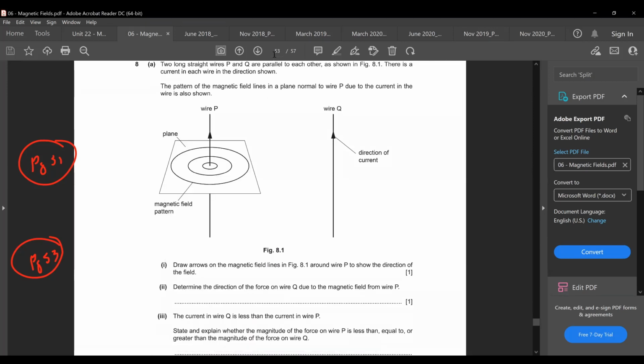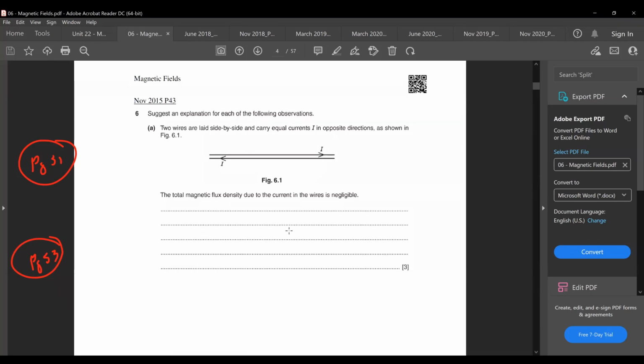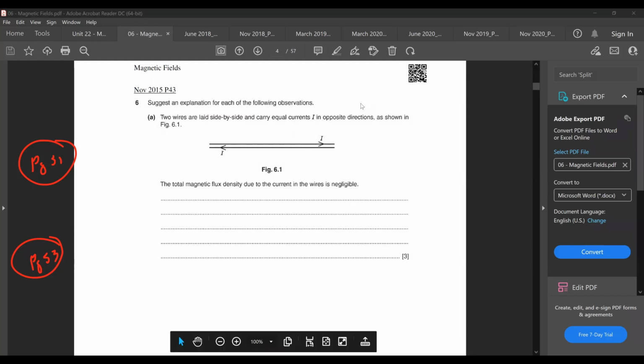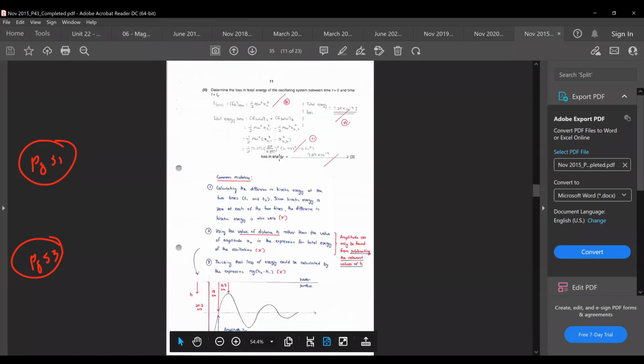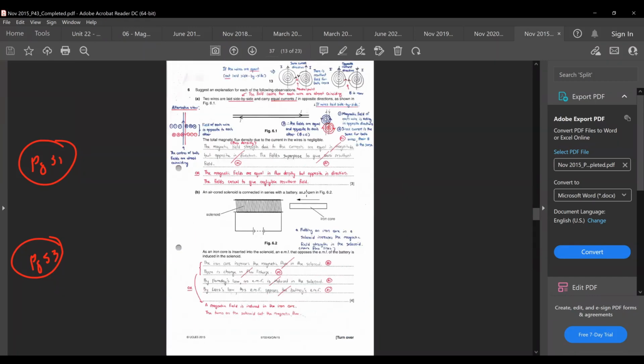Have a look at page 4. This one is November 15, P43, and there's one question.